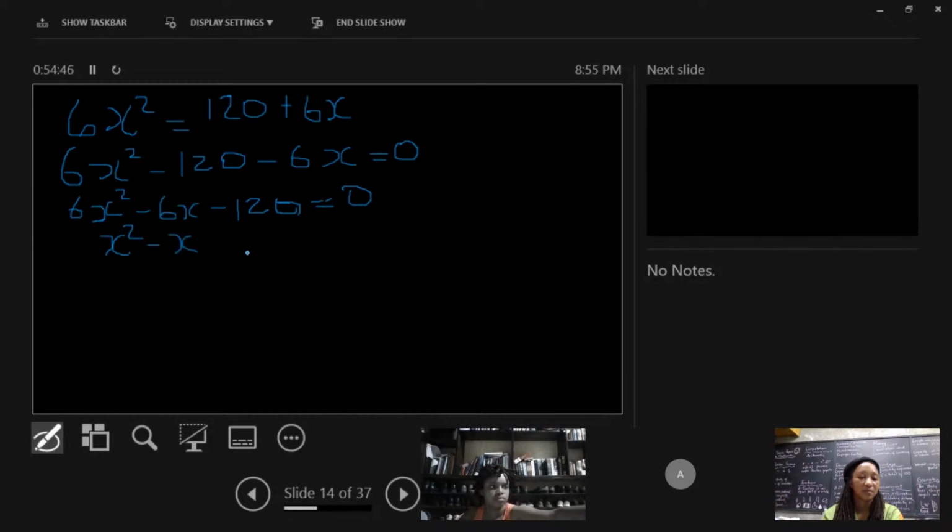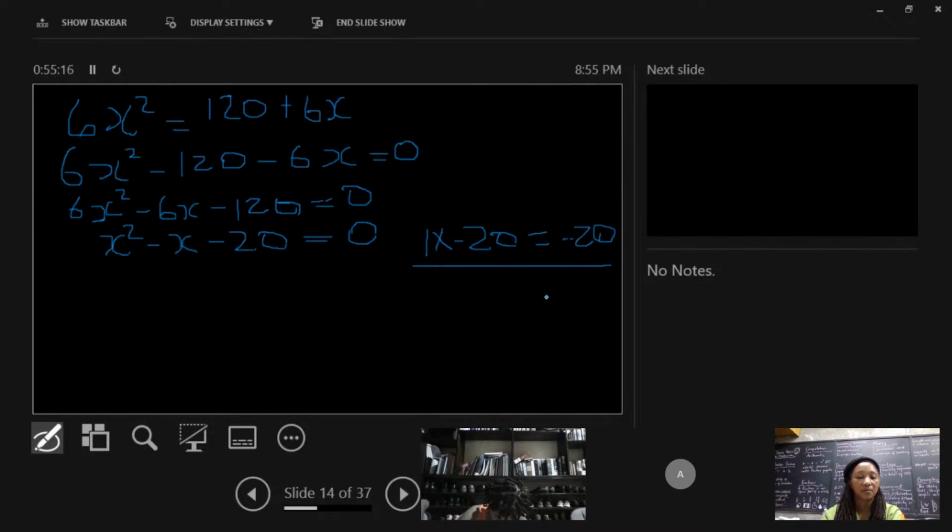And 6 into negative 120 goes negative 20 times. All right. So doesn't the equation look much better? Yes, Miss. So this should be 1 times negative 20, which is negative 20. All right, okay, Miss.